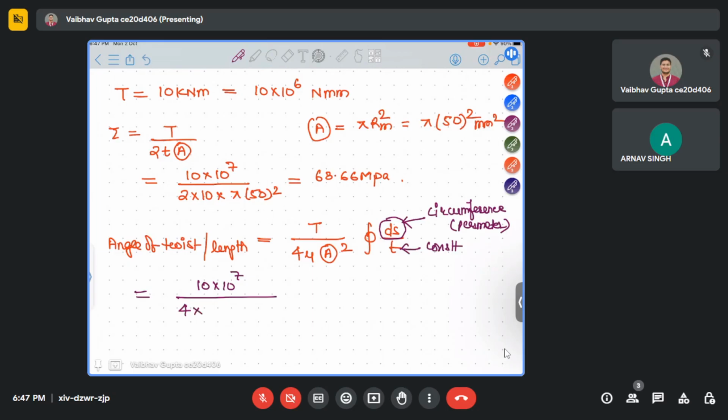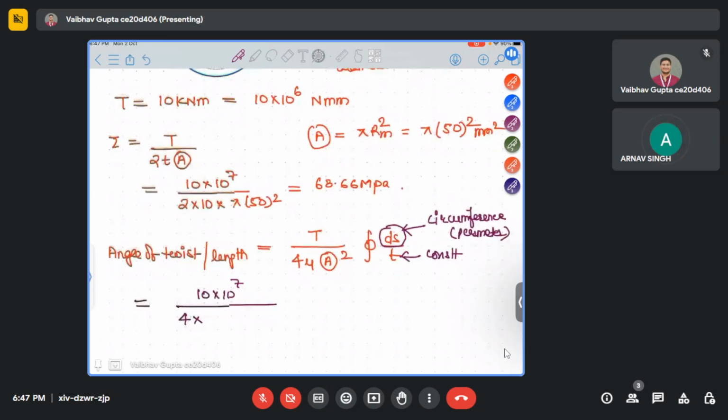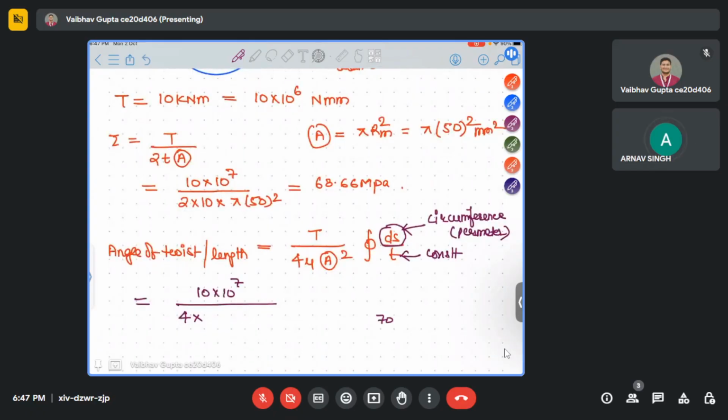So T given to us is 10 into 10 to the power 7. Mu is the shear modulus, given to us as 70 GPa. 70 GPa is nothing but 0.7 into 10 to the power 5 MPa. MPa means Newton per mm square, because we are working in Newton and mm, so I have to convert the units.